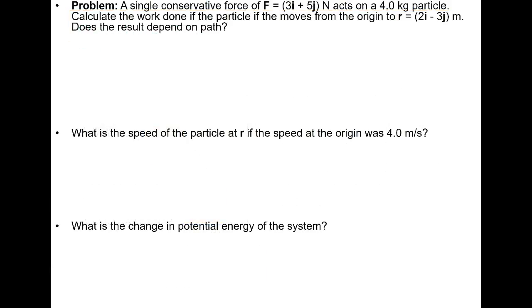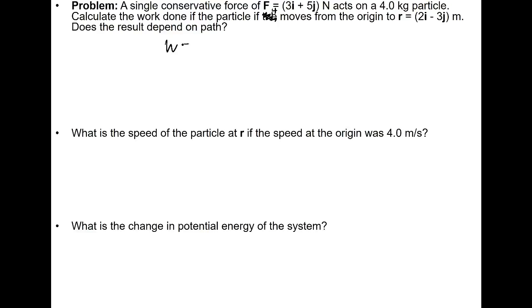Okay, so here's an example. We have a single conservative force of F equals 3i plus 5j. And it's going to act on a particle that's 4 kilograms. We want to find the work if the particle moves from the origin to r equals 2i minus 3j, and we want to see if this depends on the path.